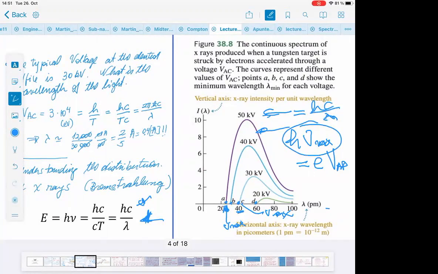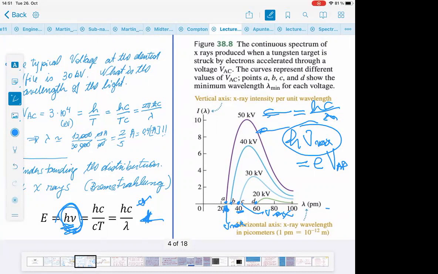Remember that the Einstein model produced this value here. This is what we learned from Einstein, and I'm using the same tool and the conservation of energy to describe the minimum wavelength of a certain radiation generated by the X-rays.